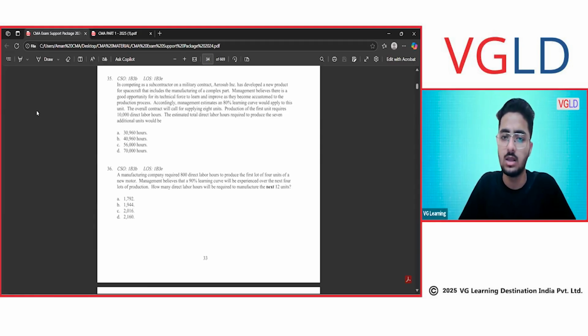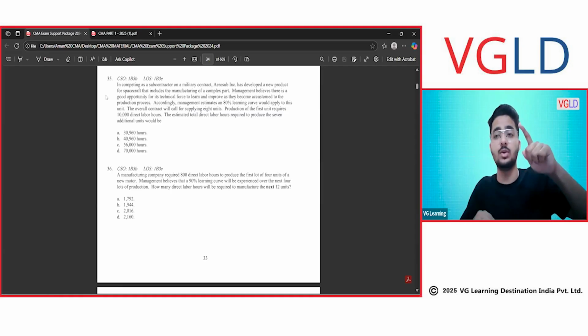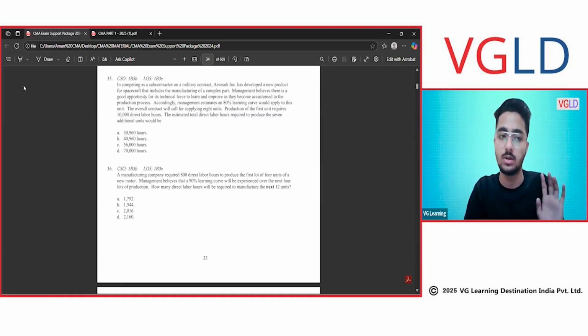The overall contract will call for supplying 8 units. The first unit requires 10,000 labor hours. The estimated total labor hours required to produce additional 7 units. Additional 7 units means first unit plus 7 units, that means total 8 units you will find out.